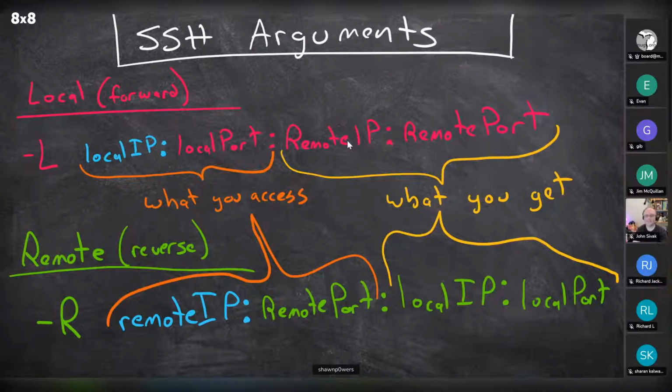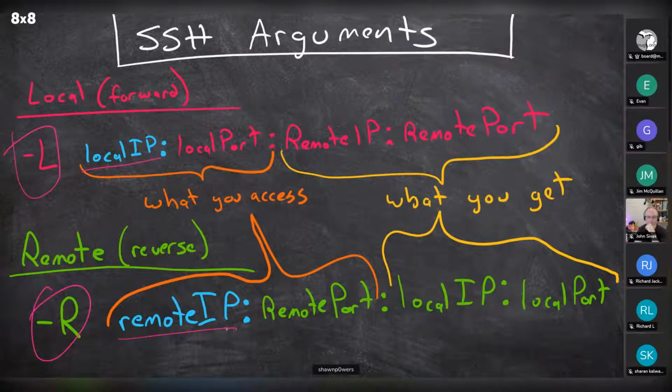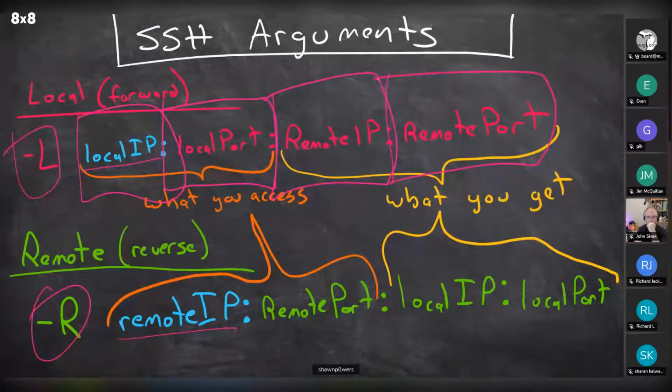So when you set up these tunnels, with -L, capital L for local, capital R for remote, you give it the local and remote IP and port in this format. First of all, the very first section, these are little sections in the definition of the tunnel, is assumed to be 127.0.0.1.